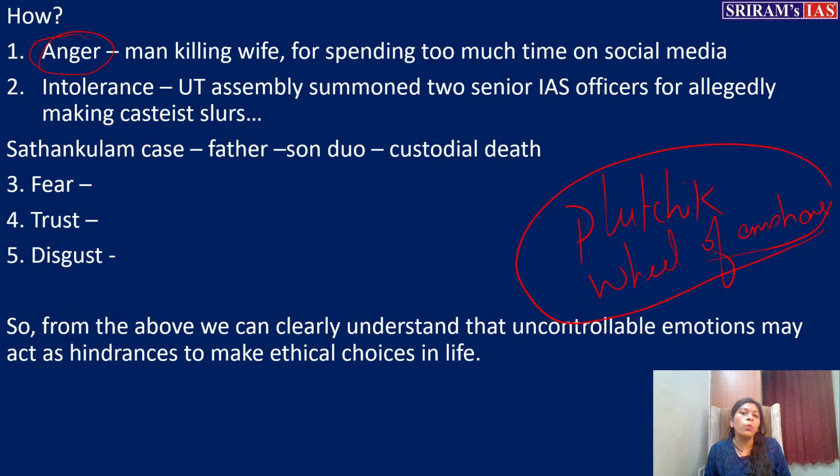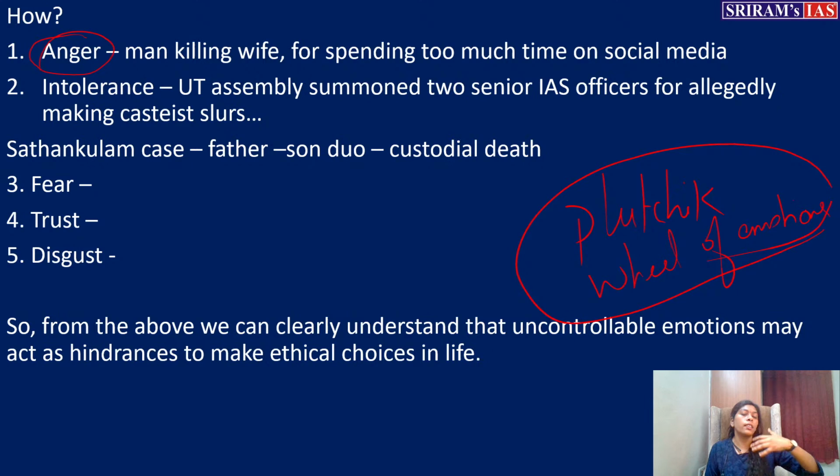Most of you read news like this: man kills wife in rage. He is suspicious of his wife having an illicit relationship with somebody. In that possessiveness and anger, he kills the wife. It was not his motive, he did not plan it for many days.